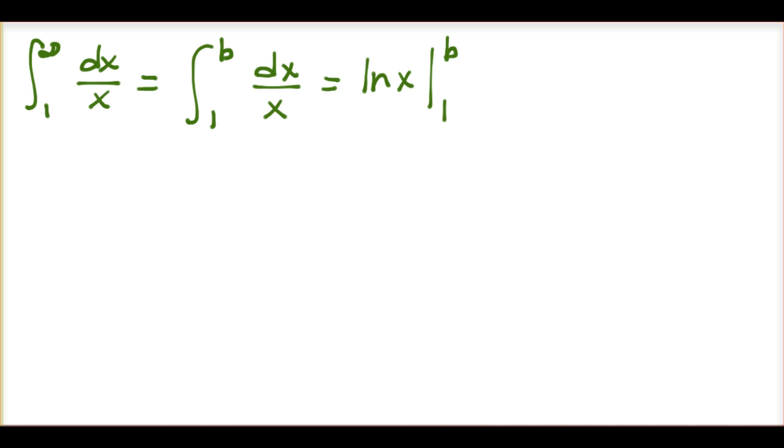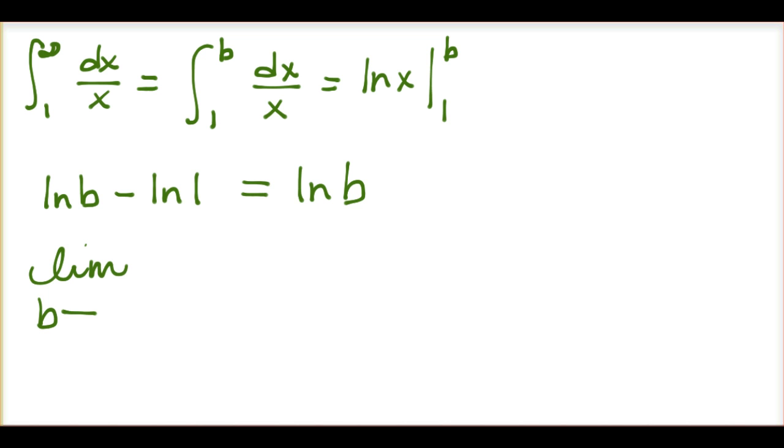So now what we will have is the natural log of b minus the natural log of 1, or just the natural log of b. So at this point I'm going to take the limit as b approaches infinity of the natural log of b. Well, to evaluate that, we're going to have to remember what the natural log graph looks like.